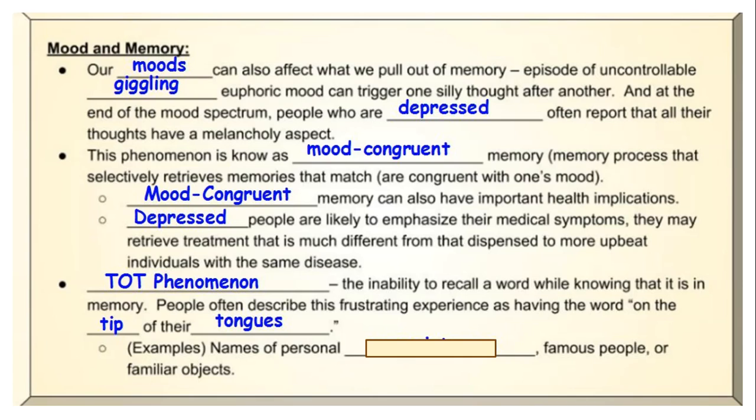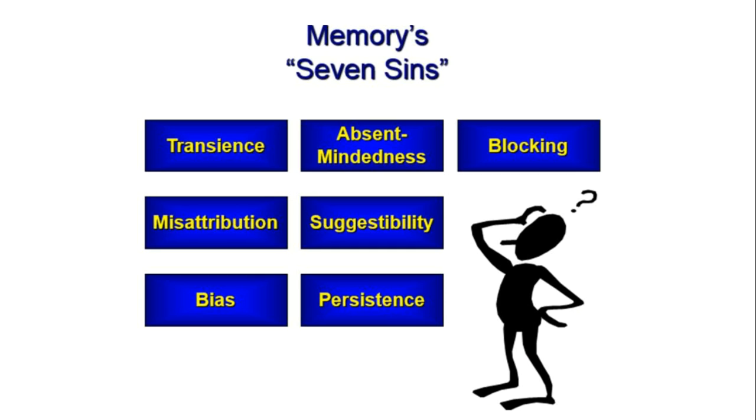Names of personal acquaintances or famous people or familiar objects are the things that sometimes get thrown into that tip of the tongue phenomenon. If we're stressed out, chances are it's a little harder to recall those items when we want them. But if you're relaxed, usually a short time later you can probably retrieve that information and you'll be saying, I knew it all along.